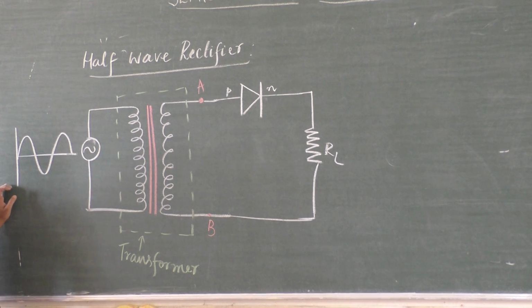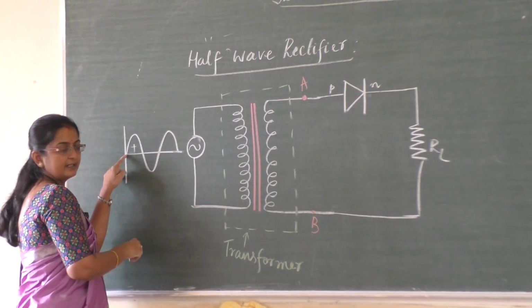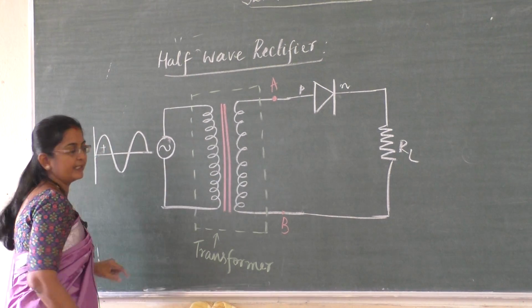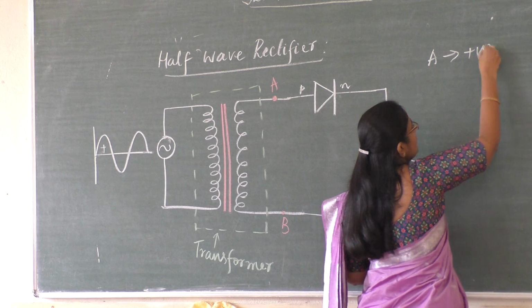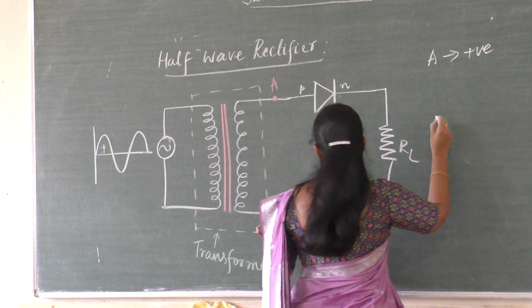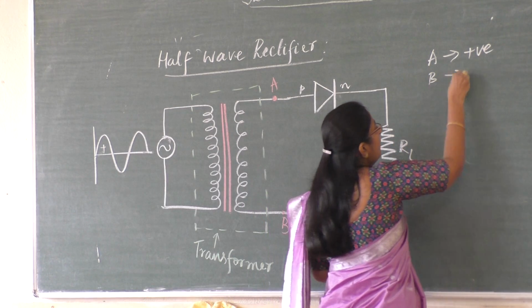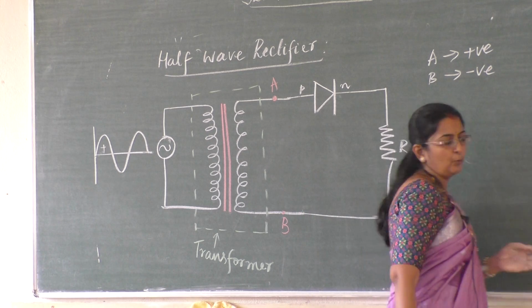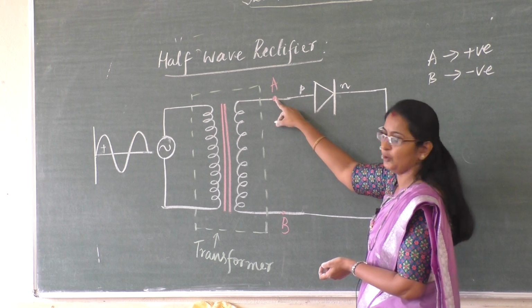At the input we have an AC cycle. When I consider the first half cycle, during the first half cycle, A is at positive potential. So automatically when A is at higher potential, B should be at lower potential. B is at negative potential. When A is at positive potential, P is connected to positive.